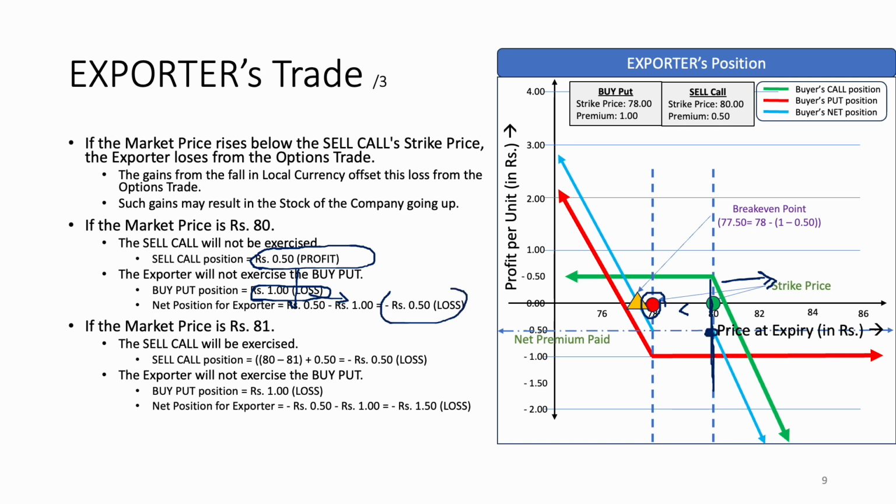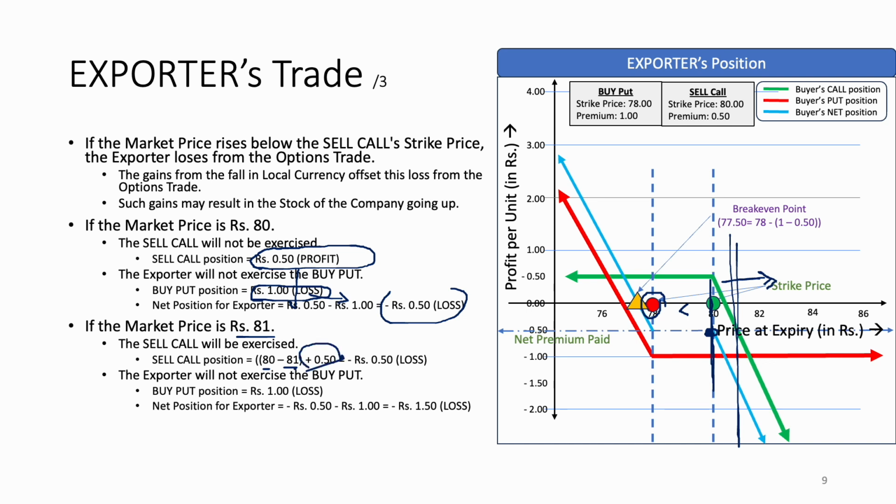Right. And then if the market price rises further, let's say at 81 rupees, then the market price is here. So the sell call will be exercised by the buyer of the call option. As a result, we will have the position that the strike price is 80, the market price is 81, and he will pay a premium of 50 paise from this, our exporter.